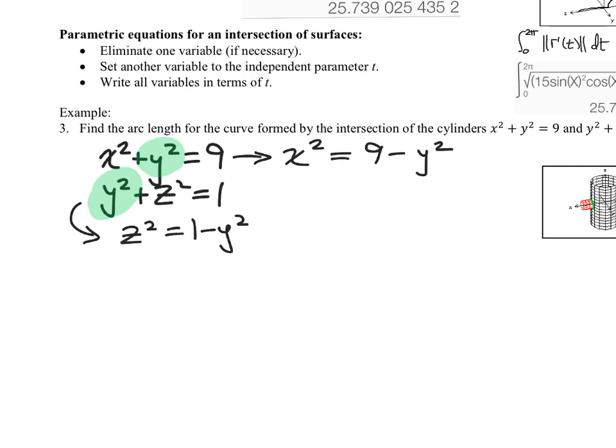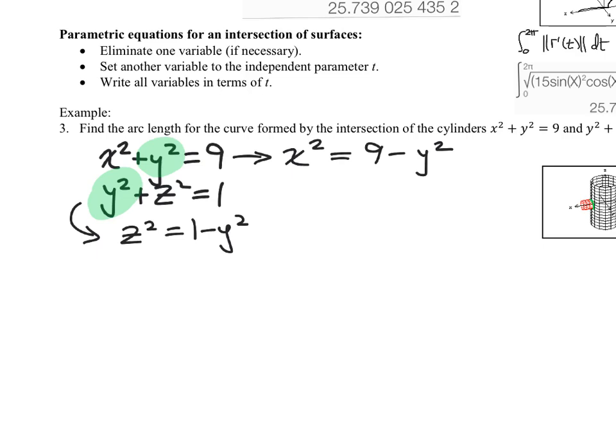So you could look at it a couple of ways. One, you could designate y as being a free variable, right? It could be anything. Or I can try to put these two equations together in such a way that I could swap out a y in one of them and replace it with the other equation. So that'll give me a y in terms of x or a y in terms of z.